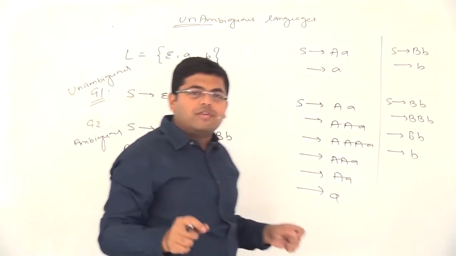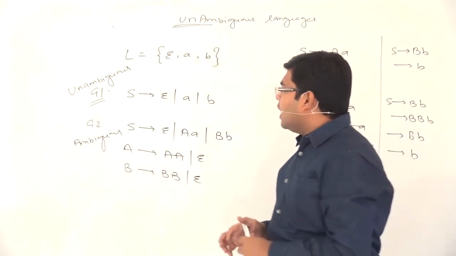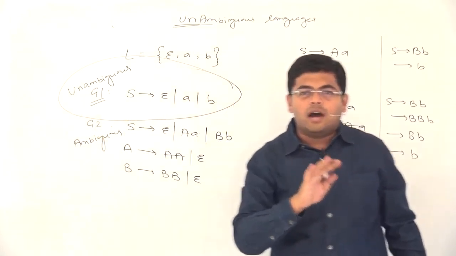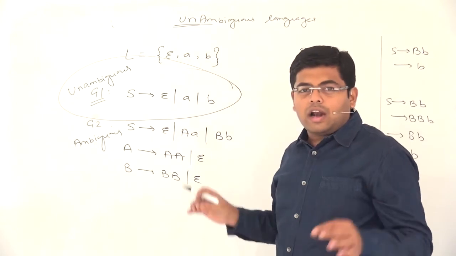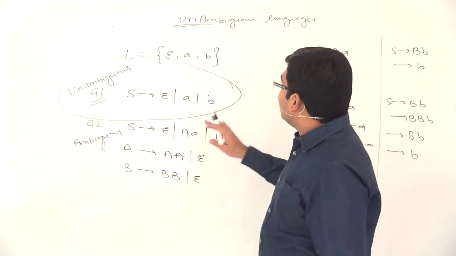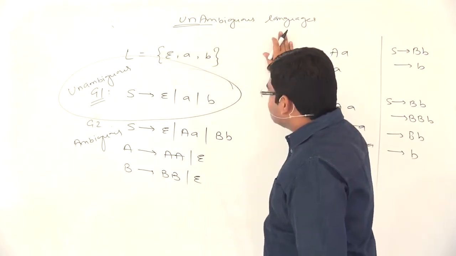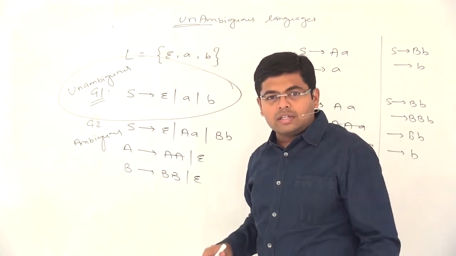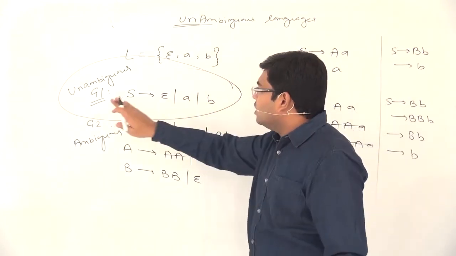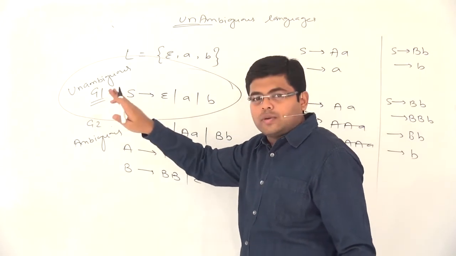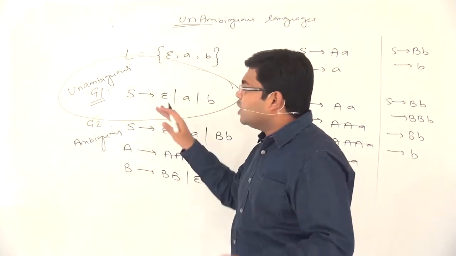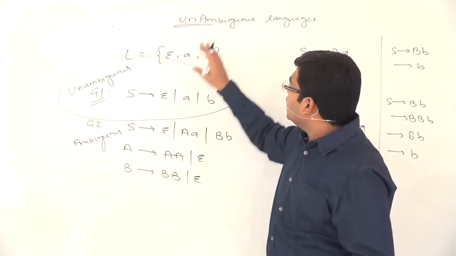The simplest definition: a language for which an unambiguous grammar is possible will be called an unambiguous language. We are not interested in whether ambiguous grammars are possible or not. As far as unambiguous languages are concerned, the sufficient condition to define them is the existence of an unambiguous grammar. So, a language for which an unambiguous grammar is possible will be called an unambiguous language.